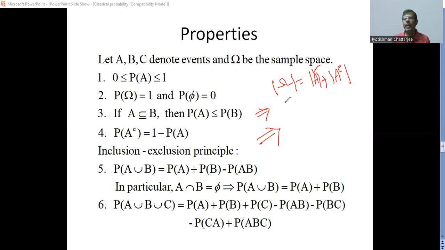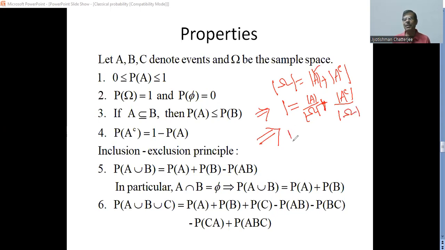I'm dividing by the size of omega. So on the left hand side I get 1, and on the right hand side I get this divided by this plus this.